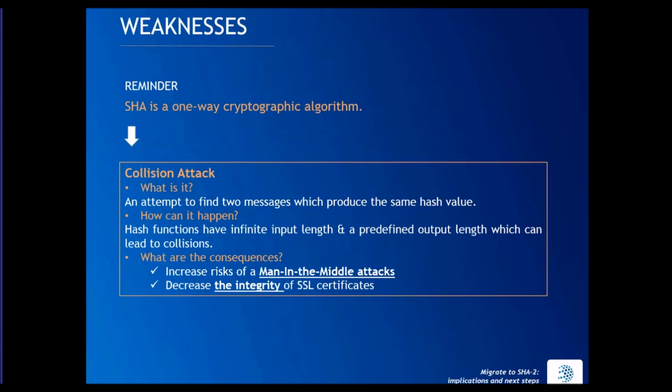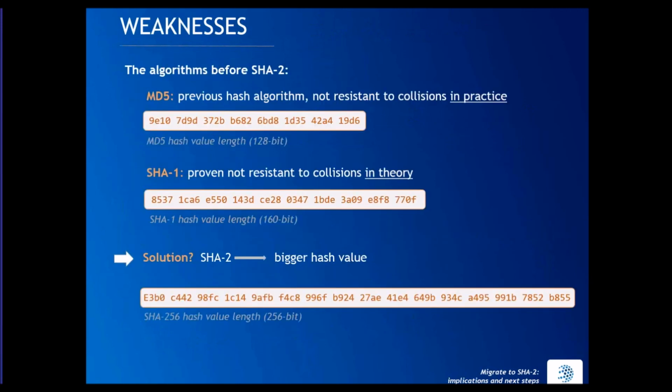There are also ways of creating malware attacks as well, as an example. So these are some of the consequences of a collision attack. Basically, it will increase the risk of a man-in-the-middle attack, and obviously it will decrease the integrity of your SSL certificates, which is completely opposite to why we install an SSL certificate in the first place.